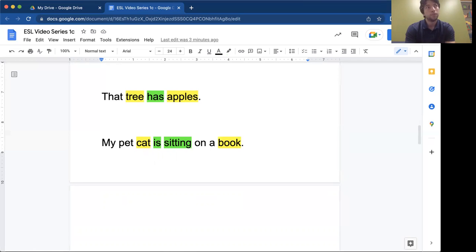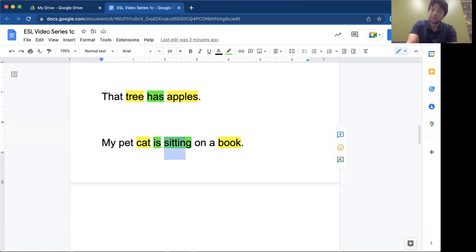And this technically is not a conjugation because it doesn't agree with the noun. Sitting basically needs to be preceded by a conjugated verb, which we have here, is. That's the conjugated verb, and we know it is because it agrees with cat. Is is the third person singular conjugation that agrees with cat.